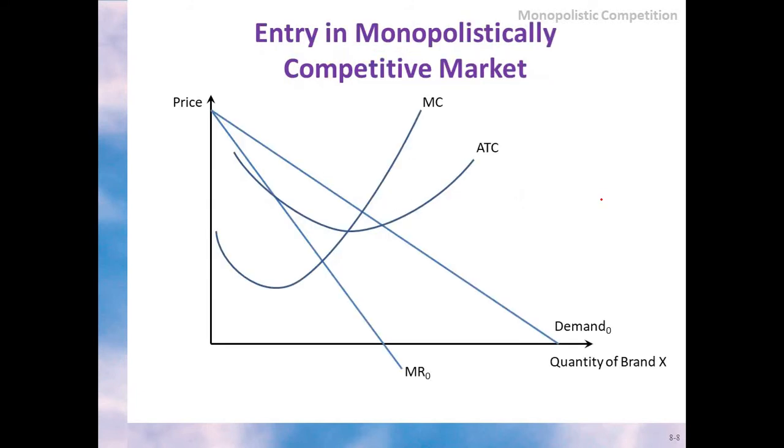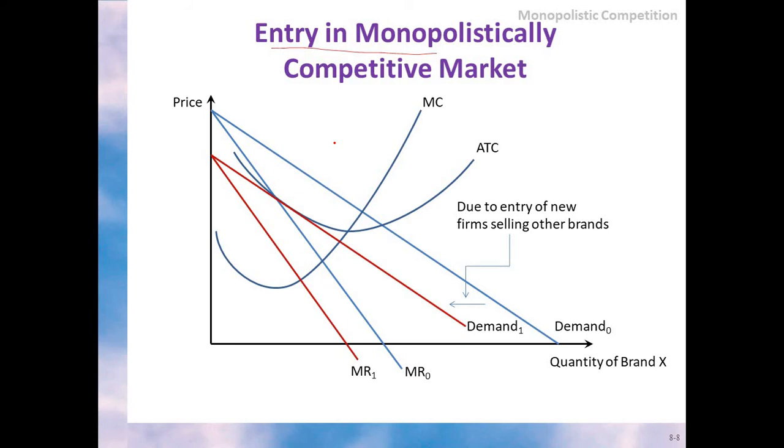If there is an entry in the monopolistic competitive market, what will happen to the demand curve? We will see that the demand curve here will rotate to the left. Why does it rotate to the left?